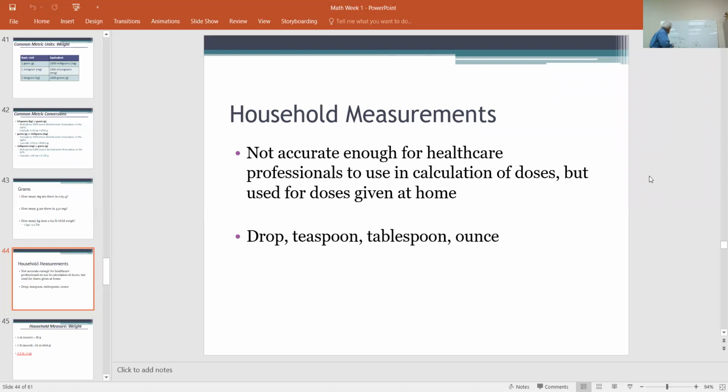And the measurement system for volume was the drop. This is abbreviated to this day, GTT. You will see this with things like eye drops, nose drops, ear drops. A doctor will say 1 GTT, 1 drop, and that's what they're talking about.